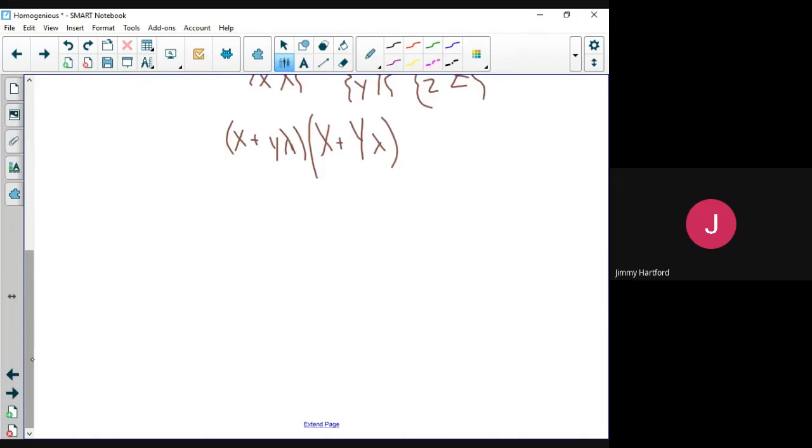And if we work this out, x times x, and then we're going to have x, y times lambda, plus y x lambda, and then we'll have y lambda squared.